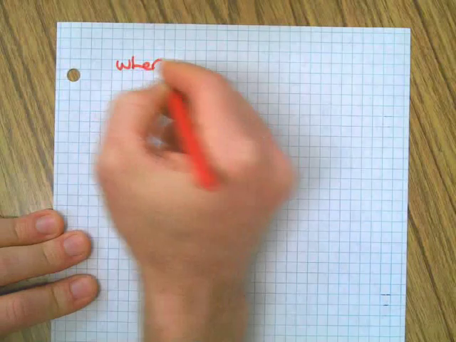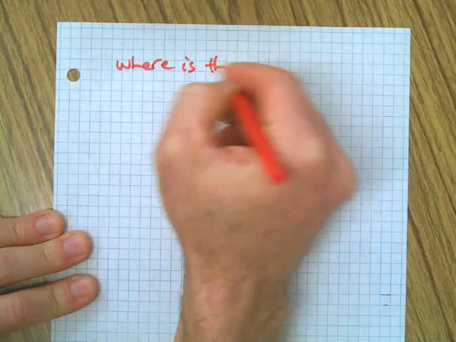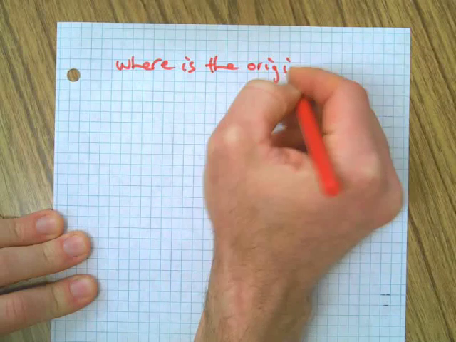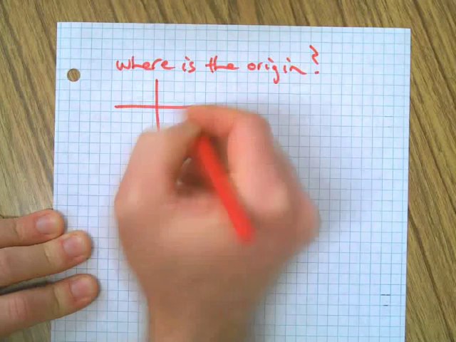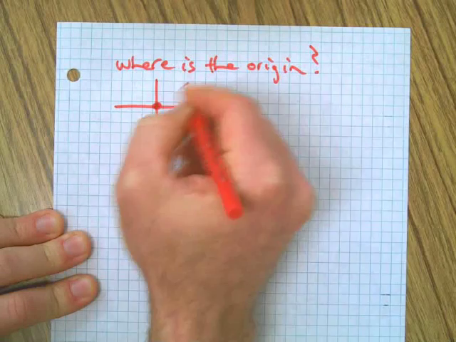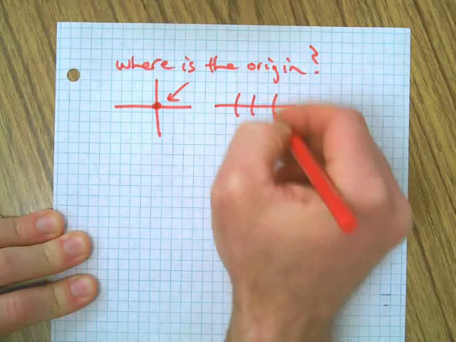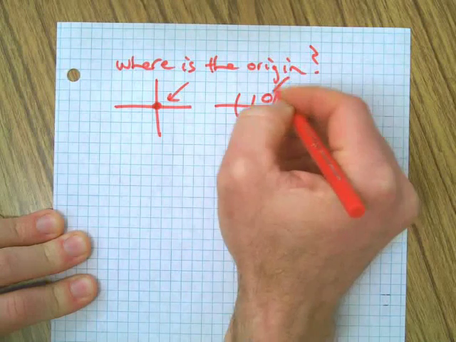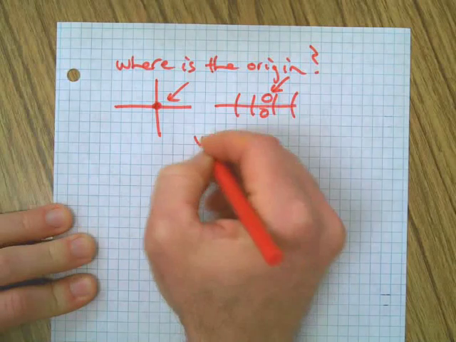All right, so we figured out how to find the unit rate in an equation. Now we have to ask, well, where is the origin? Remember, on a graph, it's right there. On a table, it's right there.